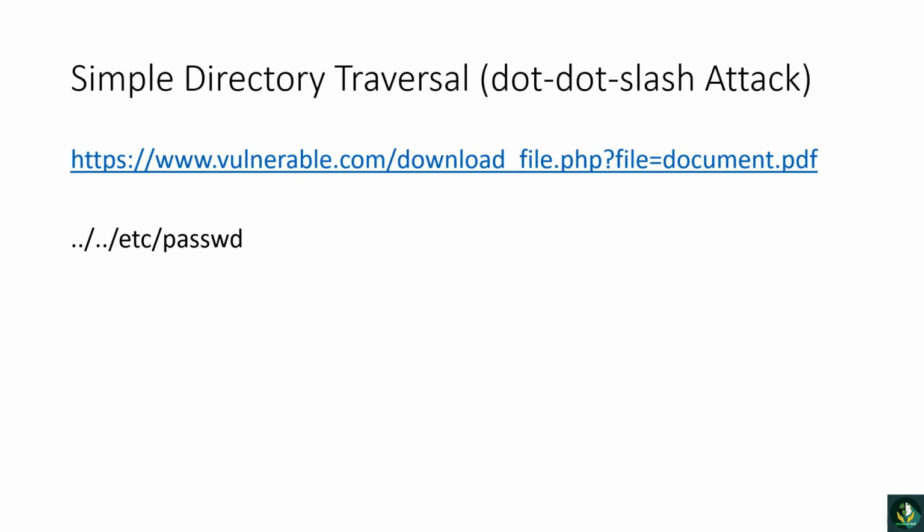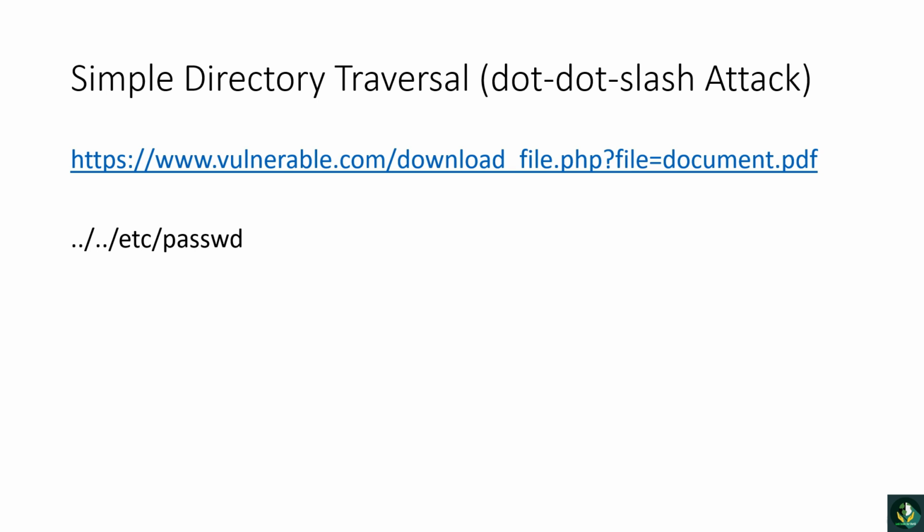Let's talk about a couple of examples of traversal. The first one is simple directory traversal, which is the ../ attack. The simplest example of a directory traversal attack is when an application displays or allows the user to download a file via a URL parameter.